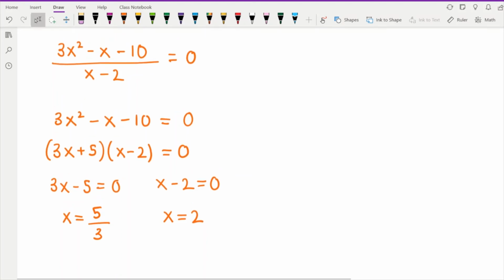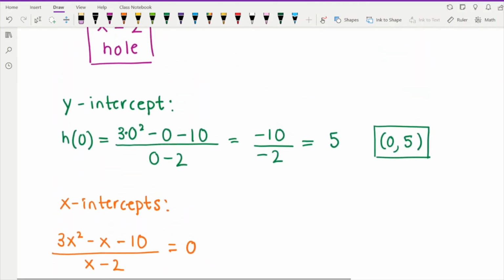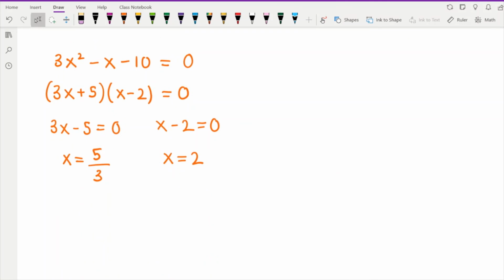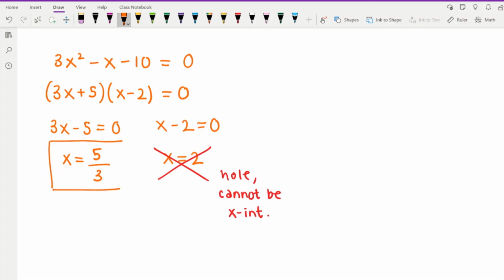So x is equal to 5/3 does not make the denominator 0, right? If you plug that into the denominator, nothing bad will happen. However, x is equal to 2, that does make the denominator 0. And we already knew that, right? We already knew that there was a hole at x is equal to 2. So this is a hole, so it cannot be an x-intercept. And so our only x-intercept is x is equal to 5/3.